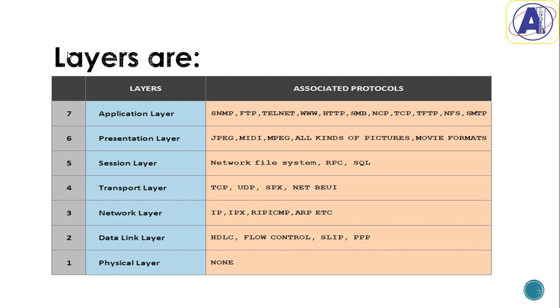If a mapping is available, presentation service data units are encapsulated into session protocol data units and passed down the stack. This layer provides independence from data representation and encryption by translating between the application and network format.